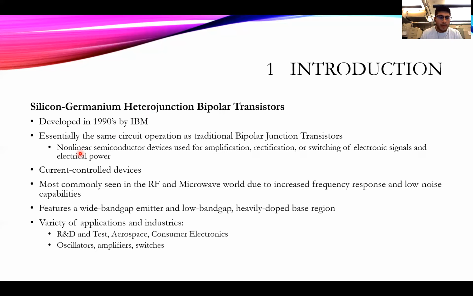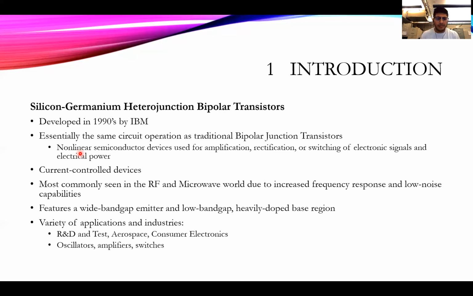I'll get into that in a little bit, but really some of the biggest features of HBTs, SiGe HBTs in particular, is that it features a wide bandgap emitter and also a low bandgap base, and that base region is also heavily doped. That's one point that I'm really going to hone in on, the heavily doped base region, because that is one of the really key parts that makes this device so great.